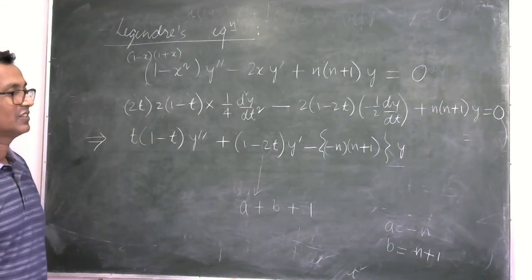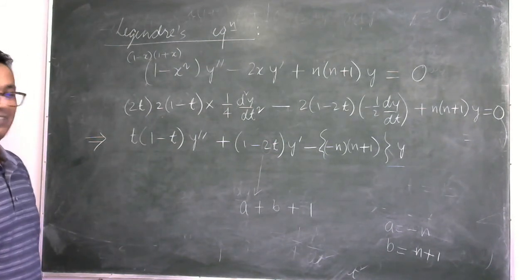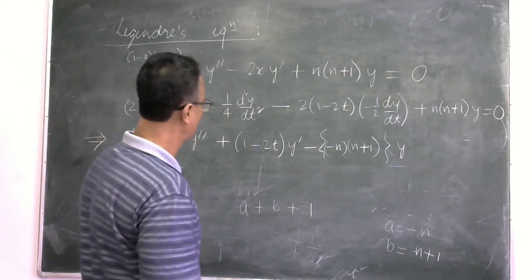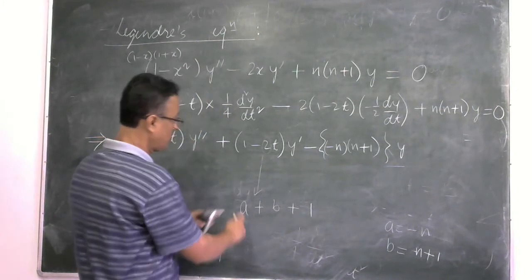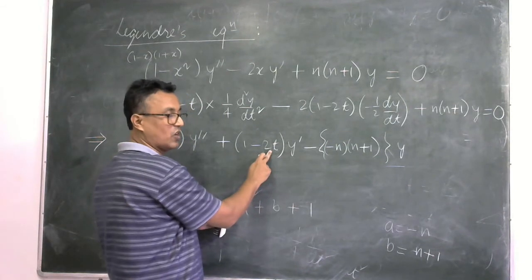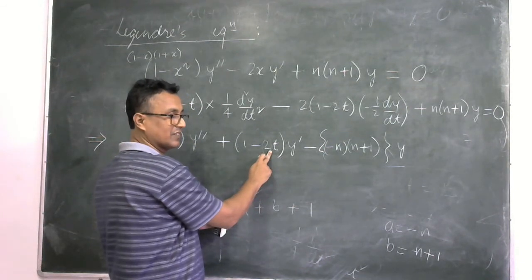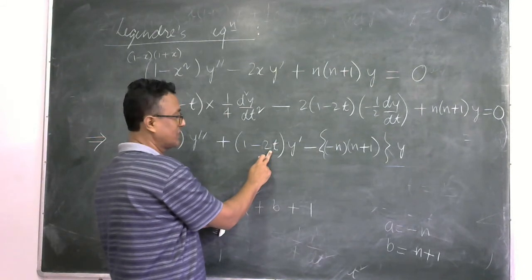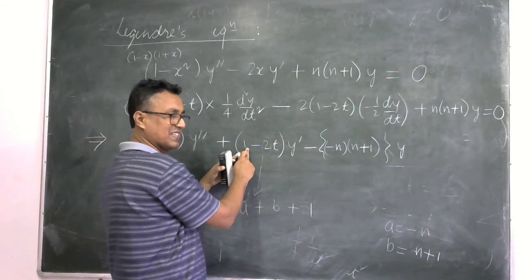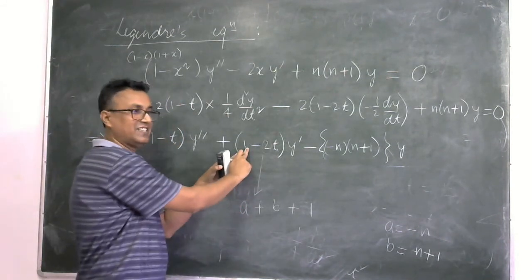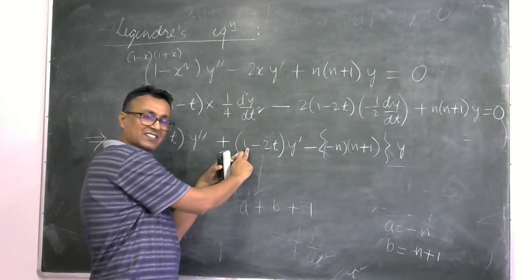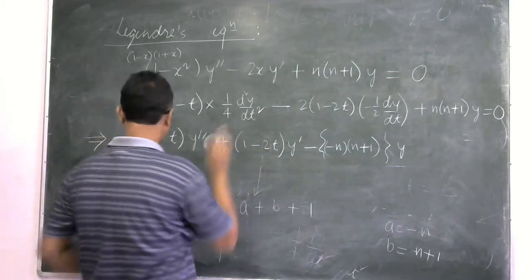So I already have that, isn't it? Because a plus b is 1, 1 plus 1, 2. This I have already got. Isn't it? Right? So C must be equal to 1 itself. Is everybody getting that? Right?